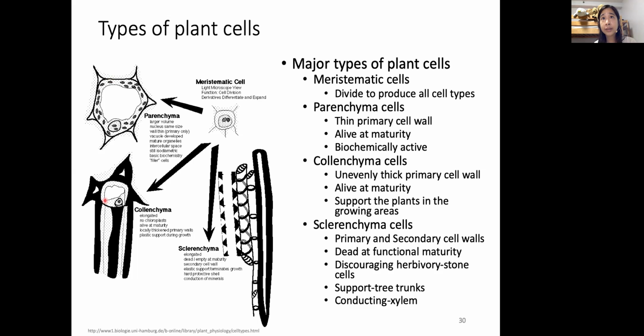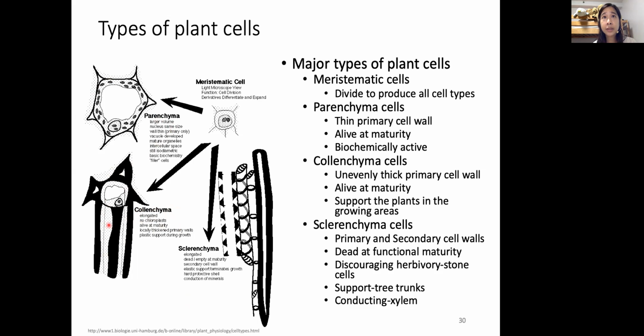The third one is parenchyma. This type of cell still contains only a primary cell wall, but the primary cell wall of these cells is thicker and uneven compared to parenchyma cells.